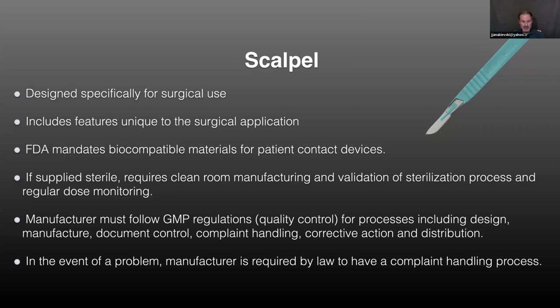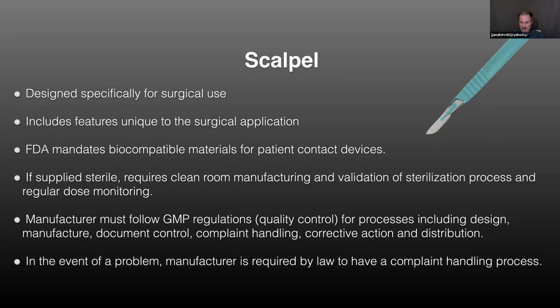And if it's supplied sterile, or for human or medical use, it needs to have either clean room manufacturing or some sort of sterilization process. The manufacturer is required to follow good manufacturing practices.